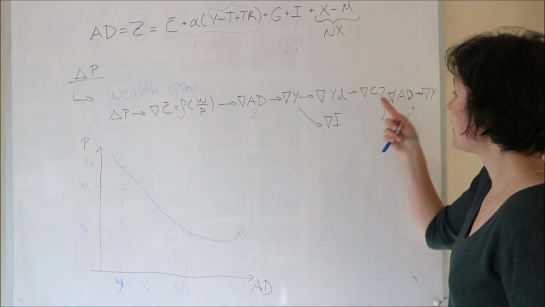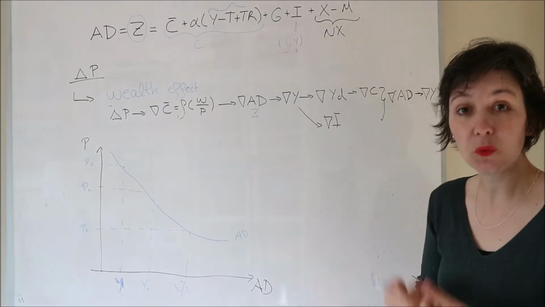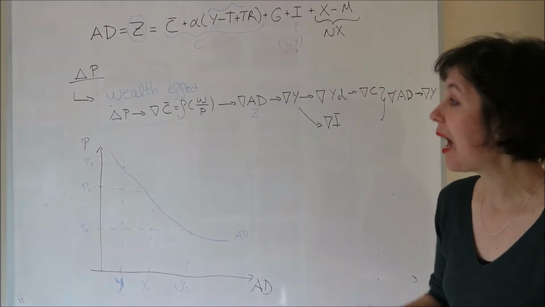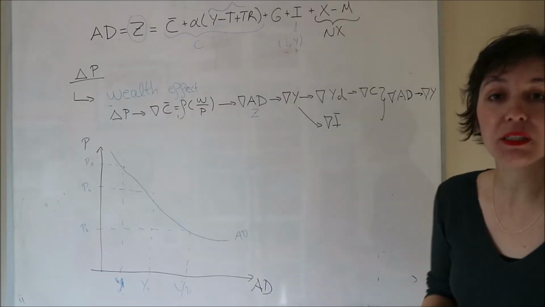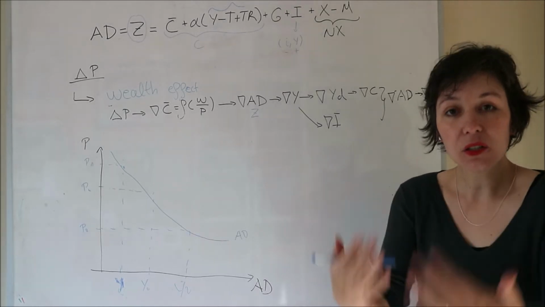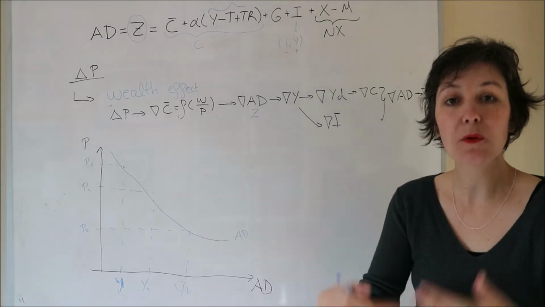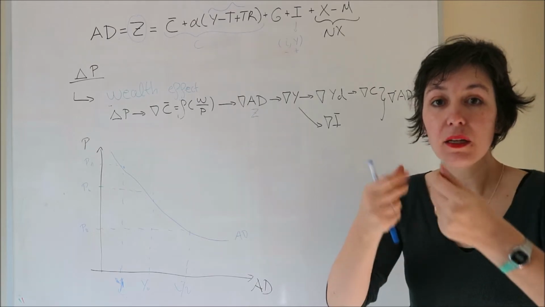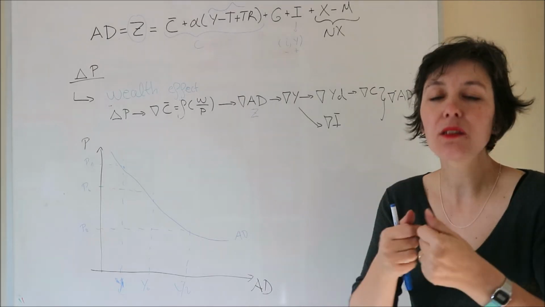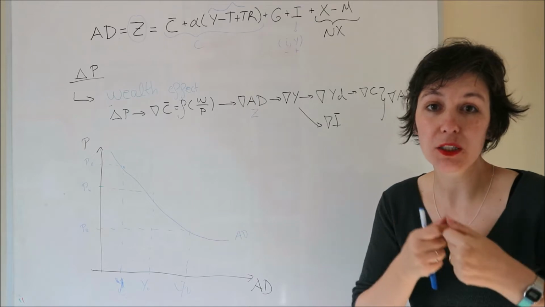Given that consumption and investment are decreasing, we are going to see a second decrease in the aggregate demand, which is going to mean a second decrease in the output. And this is going to continue one more time and one more time. You know that the effect is going to start to melt, so it's going to be smaller and smaller.